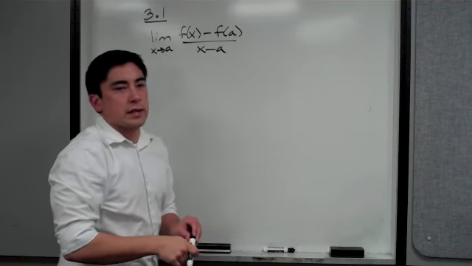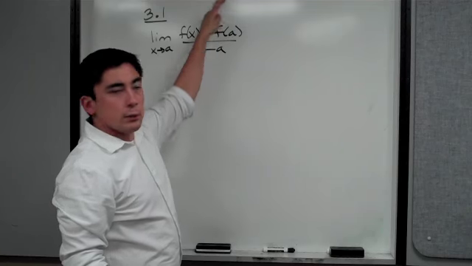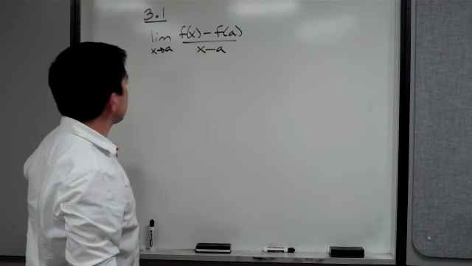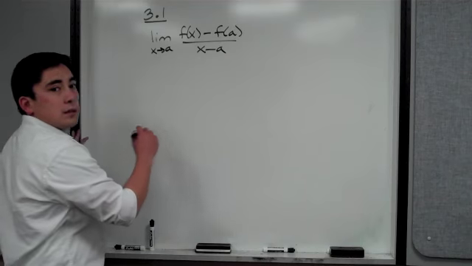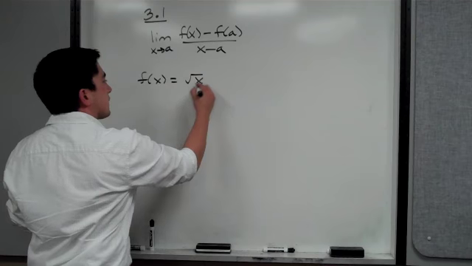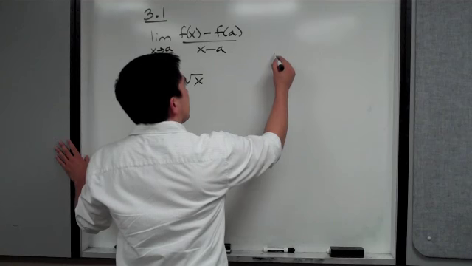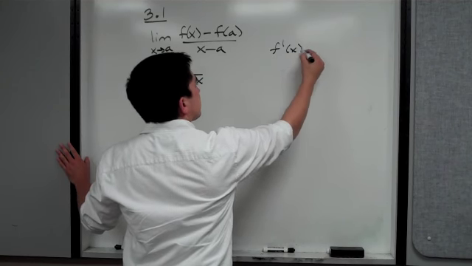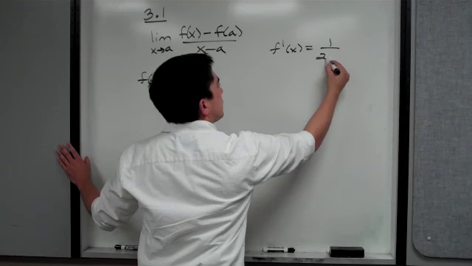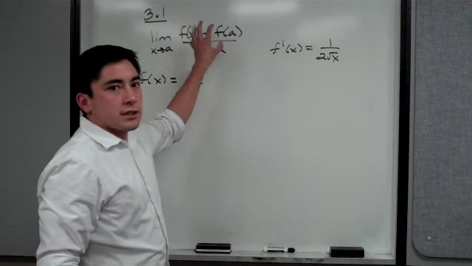This is even more like slope, you know, y2 minus y1 over x2 minus x1. So the problem we did in class for this one, we said f of x is equal to the square root of x, which if you do the derivative correctly, f prime will end up being 1 over 2 root x. So that is what we should end up with if we apply this correctly.